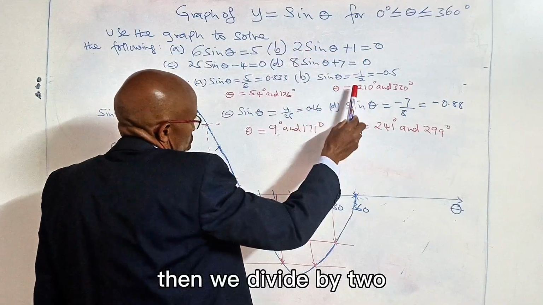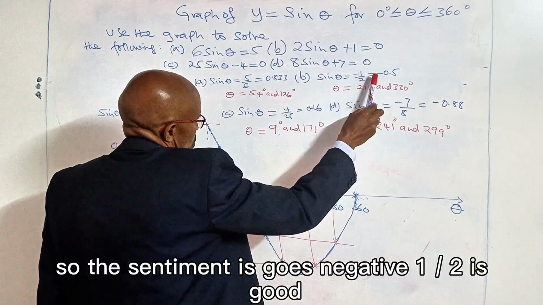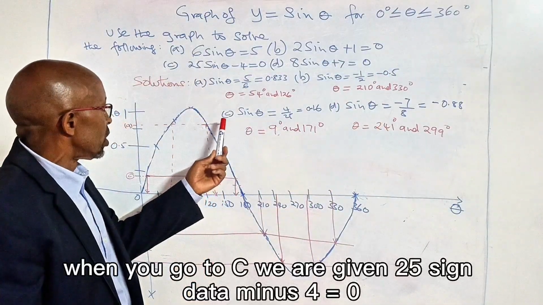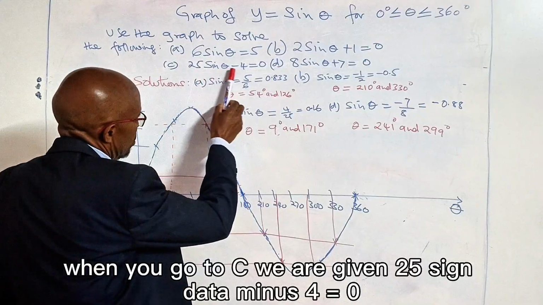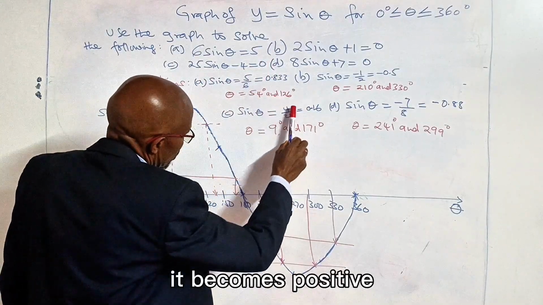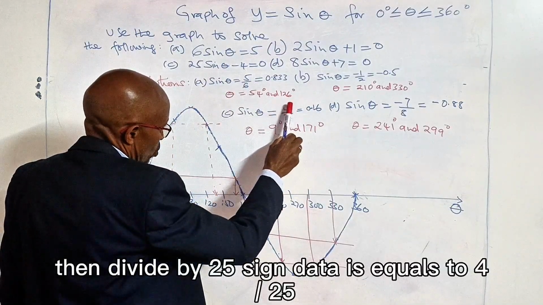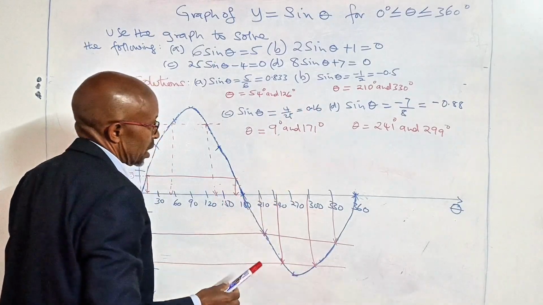Then we divide by 2. So that sine theta is equal to negative 1 divided by 2, which is equal to negative 0.5. When you go to C, we are given 25 sine theta minus 4 equals 0. So you take 4 to the other side, it becomes positive, then divide by 25. Sine theta is equal to 4 divided by 25, which is equal to 0.16.